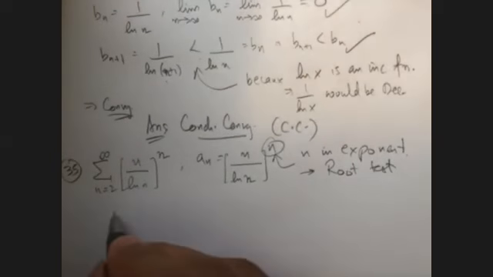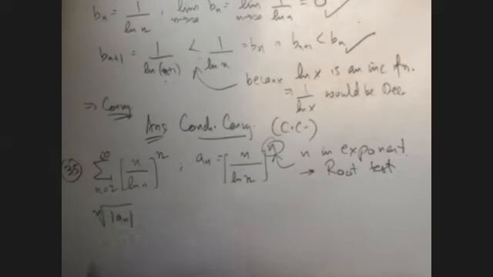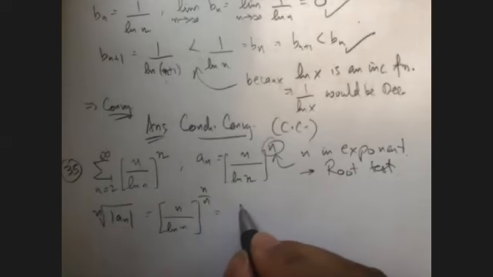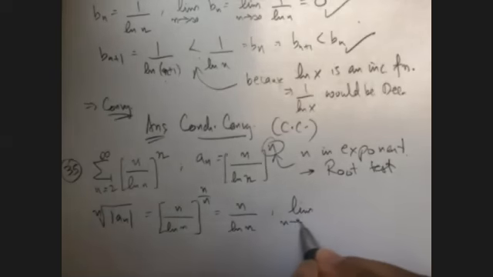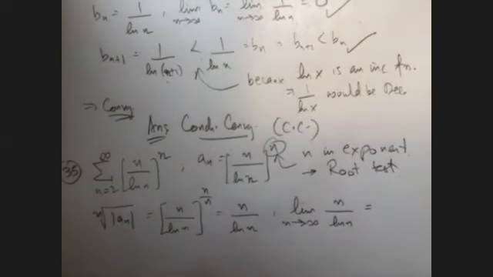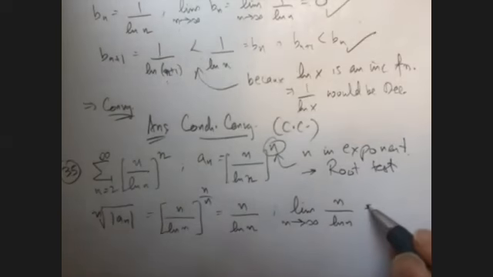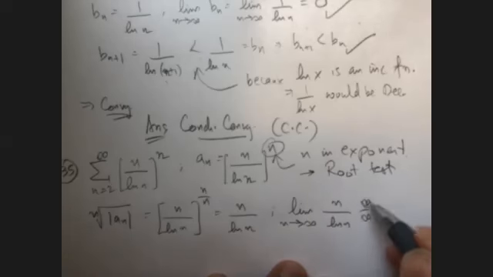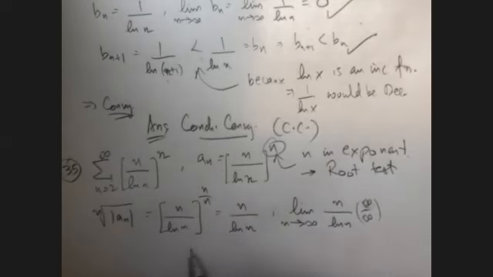So let's write what is... so the limit is, so this form is infinity over infinity. So we can apply L'Hopital's rule.